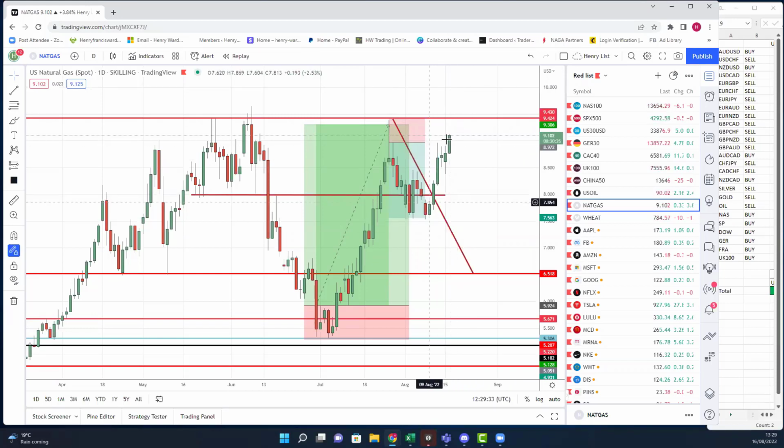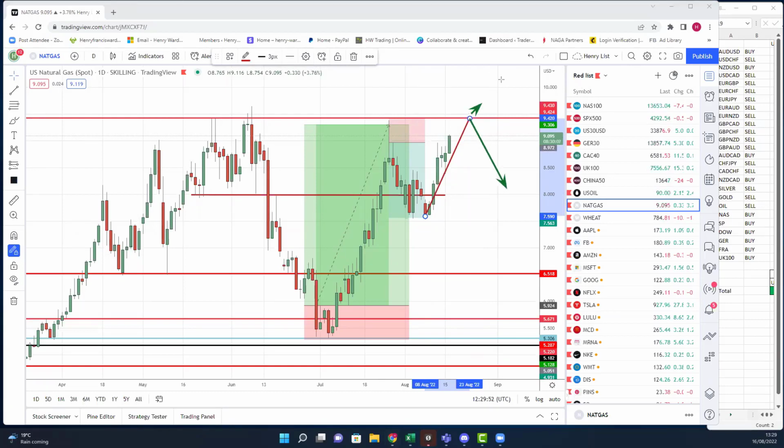This movement's up to the upside. Will natural gas break that? Or will it hit this level and come down? Or will it go up?